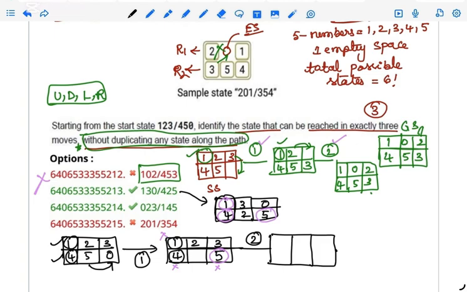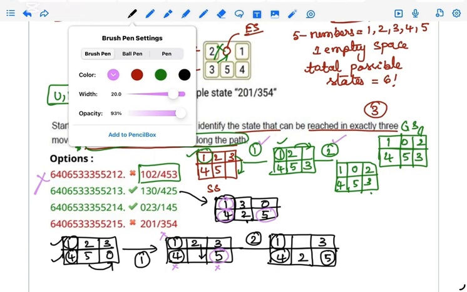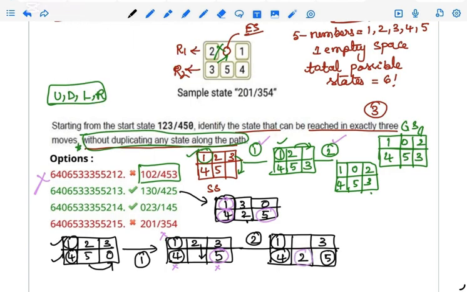For the second move, 1, 4, 5 are in correct places. This is the empty space. So move 2 down, 2 here and 3 is here. So 2 is also in the correct place in the goal state. All these 4 are in correct place.